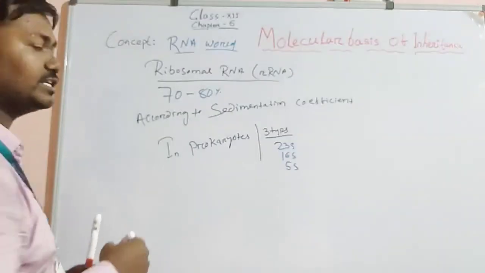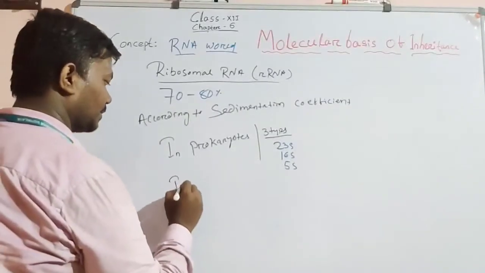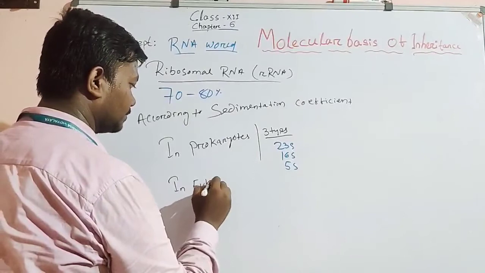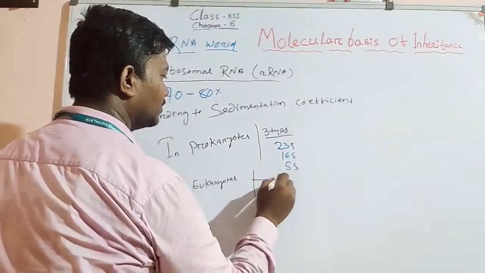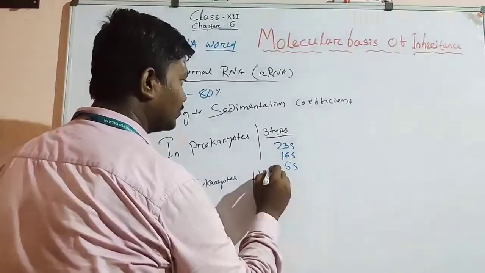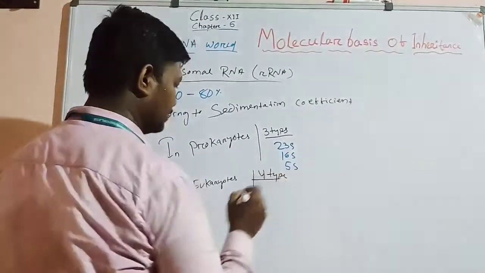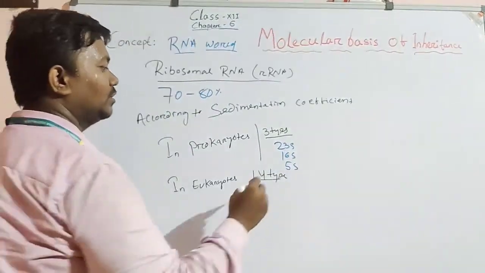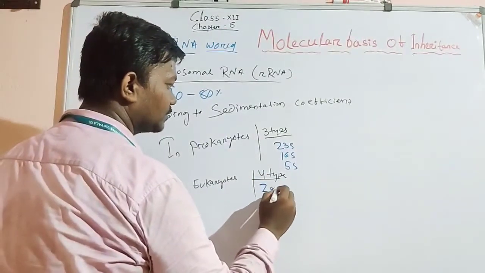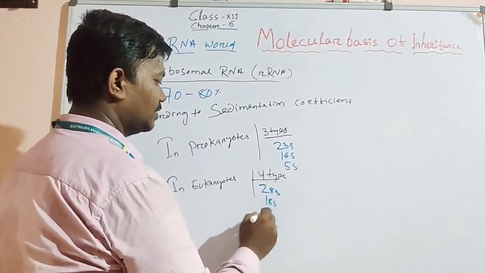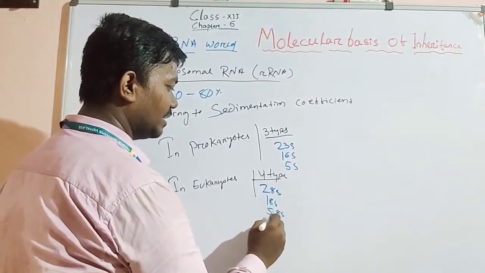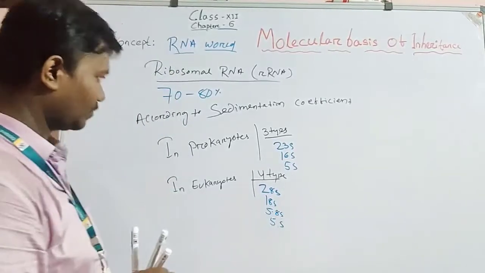In eukaryotes, these are 28S, 20S, 18S, 5.8S and 5S type.